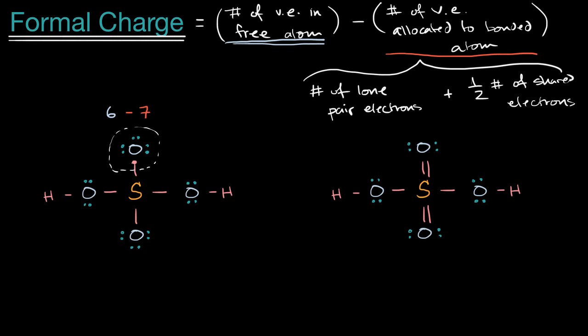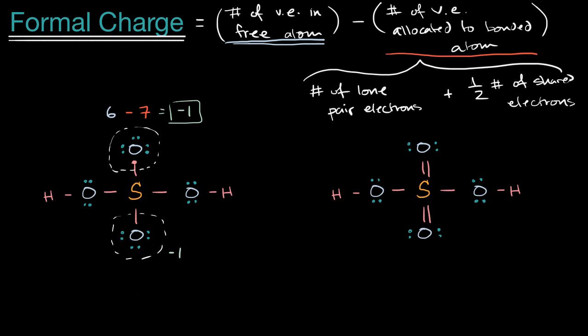So that gives us a formal charge of -1. And one way to conceptualize formal charge is that within this molecule, this oxygen has 1 more electron hanging around it on average than a free neutral oxygen atom. Now, by the same logic, the formal charge of this oxygen atom down here is also going to be -1.